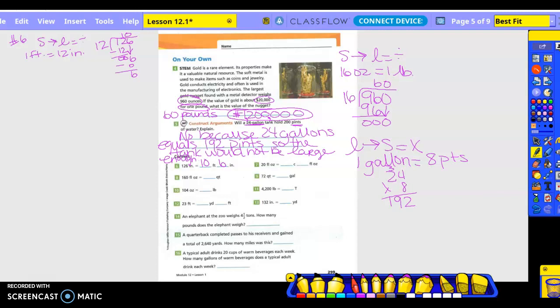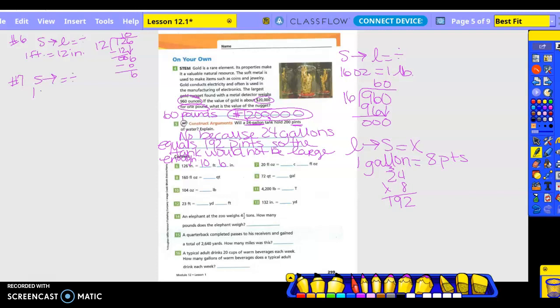Okay, here we go on to number 7. I am going from fluid ounces to cups. So am I going smaller to larger or larger to smaller? Smaller to larger. So I'm going to divide, right?